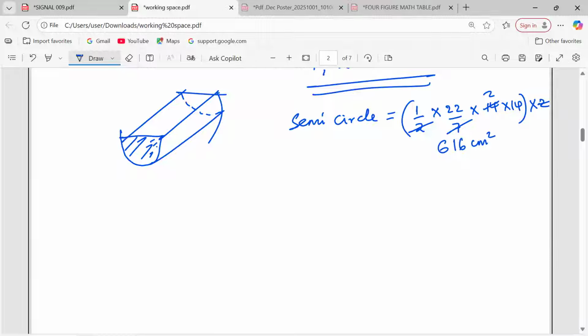Then the top. Remember, we are having 28 here and 50. So now the top is rectangular. Once you cut the wood like this, alongside the length, you obtain a rectangular part on top.